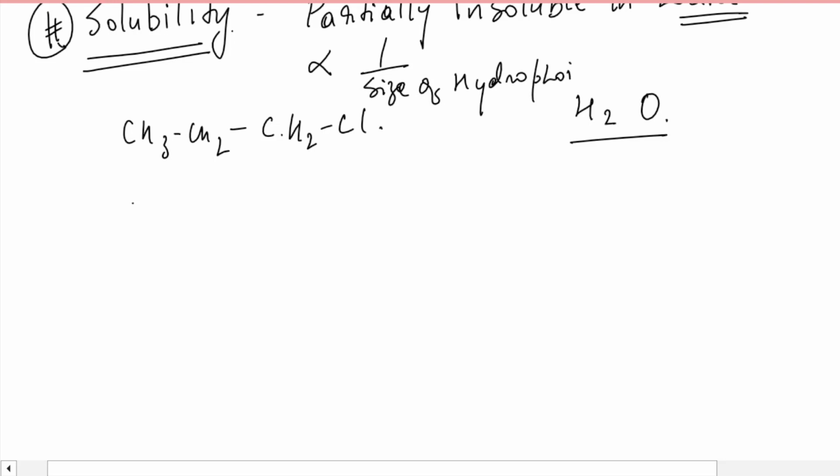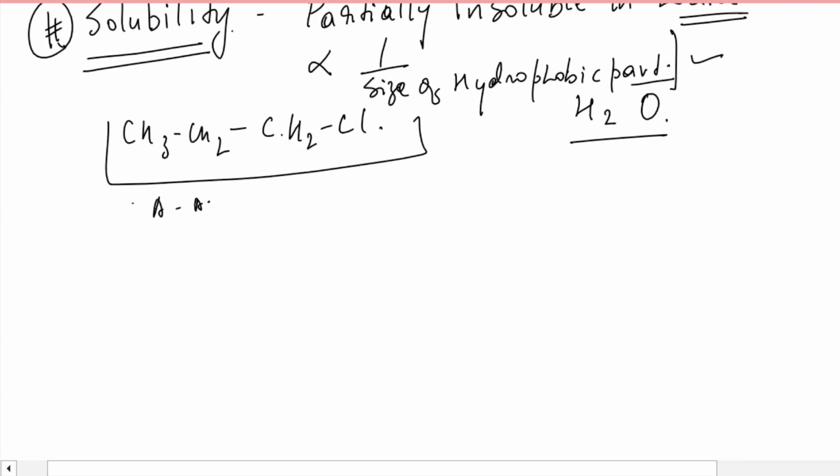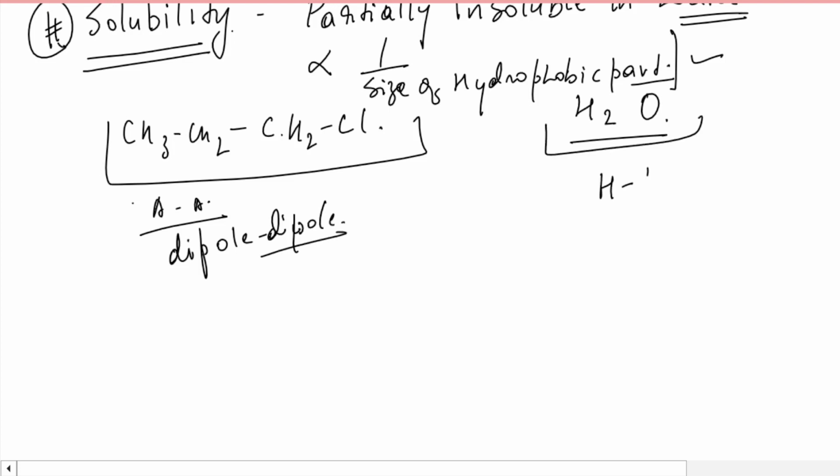This I am talking about solubility in water. This thing we have to remember. Another thing is, if we are solubilizing 1-chloropropane in water, then these molecules, CH3CH2Cl and CH3CH2Cl, have dipole-dipole interactions between them, and here we have hydrogen bonding.